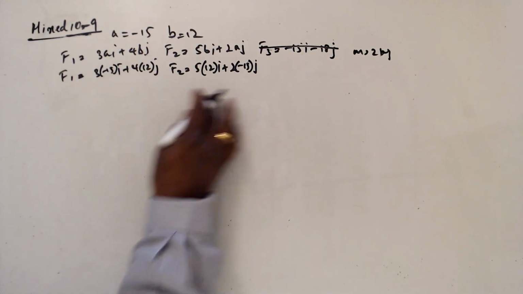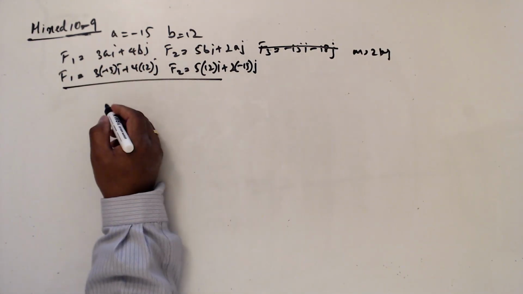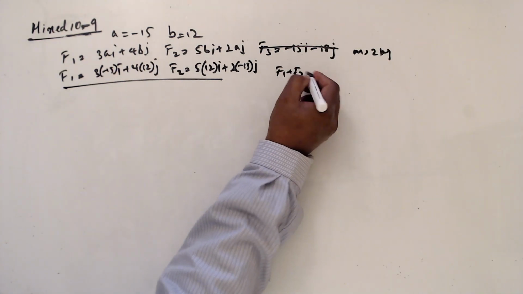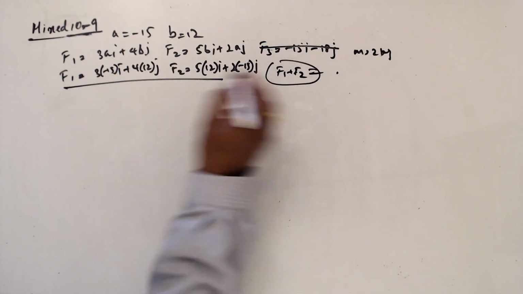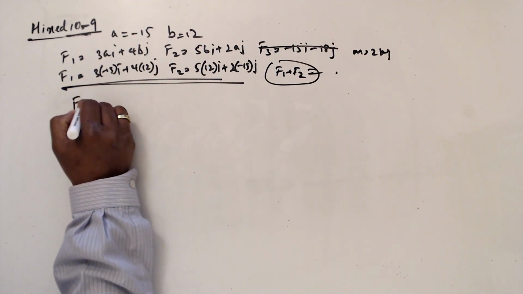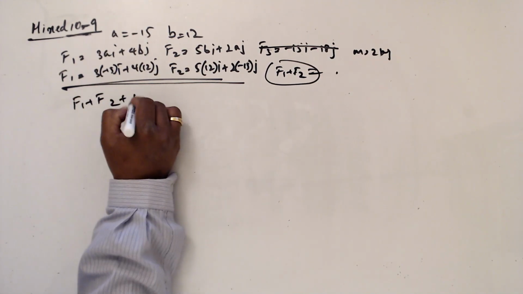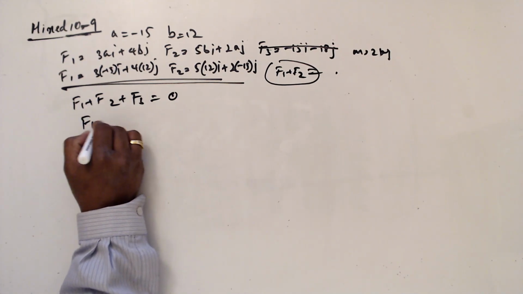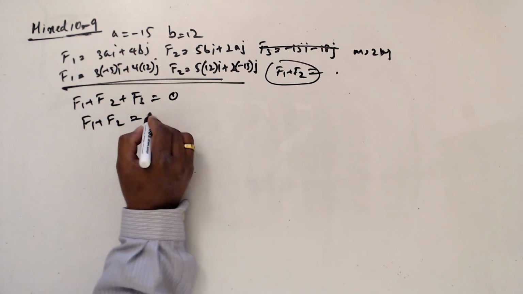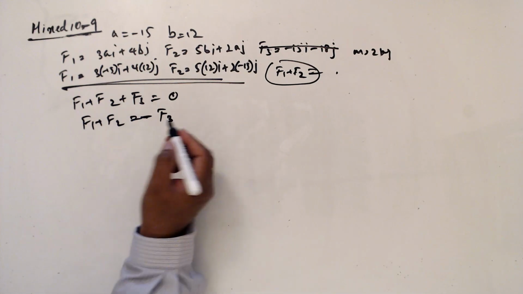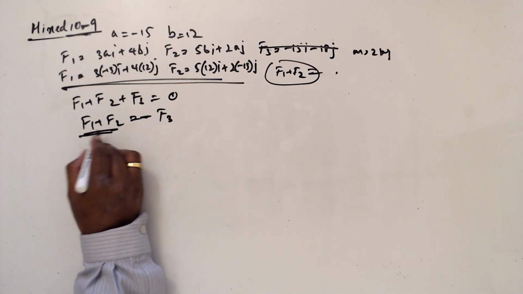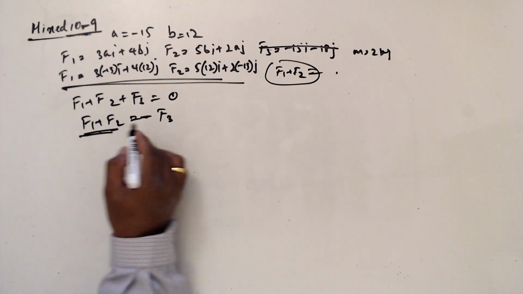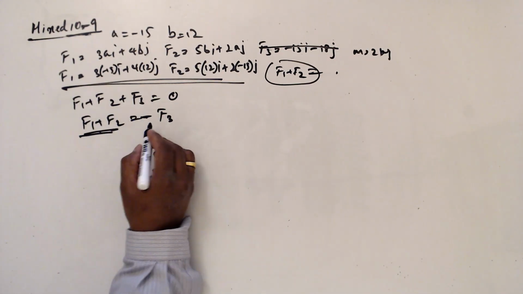So we can calculate like this, and we can find F1 plus F2 the total, or the other way, we know that F1 plus F2 plus F3 is equal to 0. Then F1 plus F2 equals minus F3. So we need to find F1 plus F2. So instead of working on this one, it is equal to minus F3.